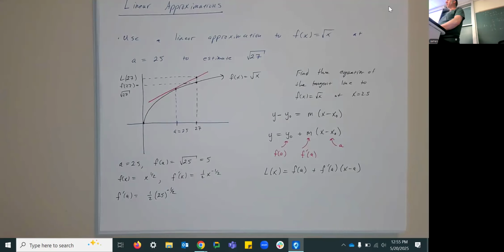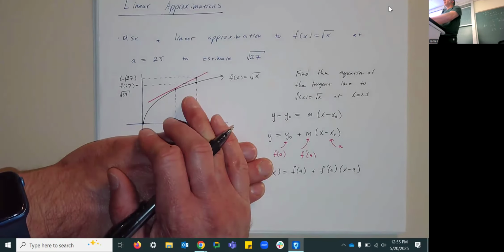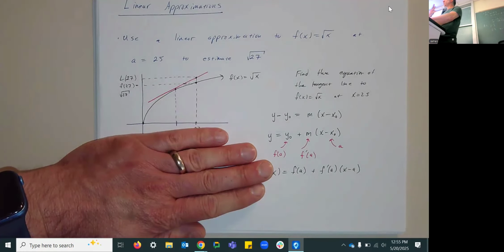Okay. Question for everybody. What's 25 to the positive 1/2 power? Show me on your fingers. This many. 25 to the 1/2 power is the square root of 25, which is 5.